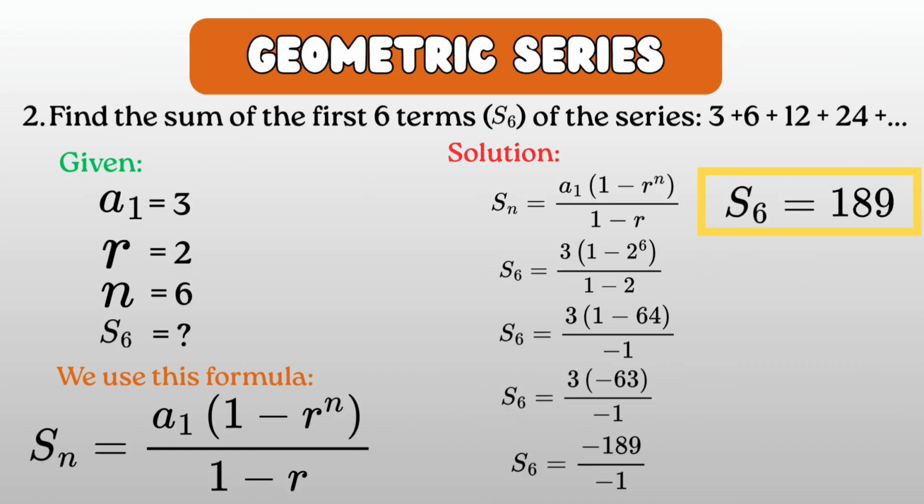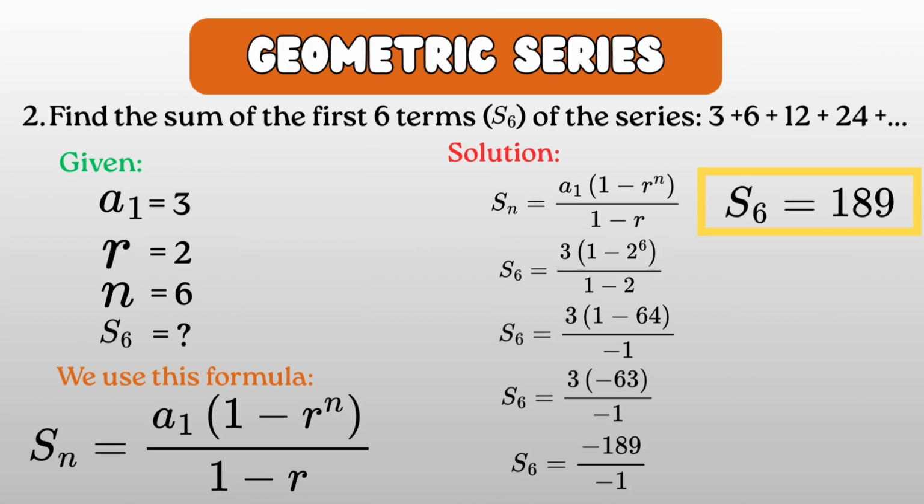Now let's tackle example number 2. 3 plus 6 plus 12 plus 24 and so on. Here, we are multiplying by 2 every time. So this is a geometric series. We want to find the sum of the first 6 terms. What is given? Our first term, a sub 1, is 3.